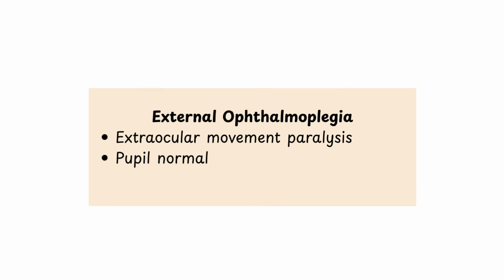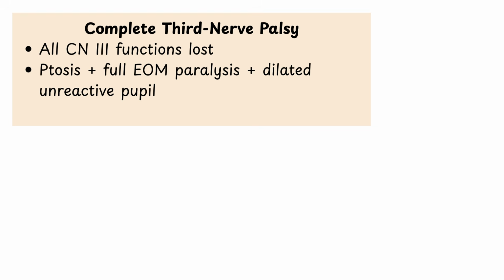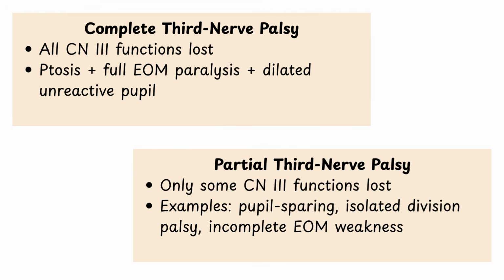When the extraocular muscles are only involved, it's known as external ophthalmoplegia. And when all the muscles and the pupil are involved, that is known as complete ophthalmoplegia or complete third nerve palsy. And when only some of the muscles, one division of the third nerve, get affected, that is known as the partial third nerve palsy.